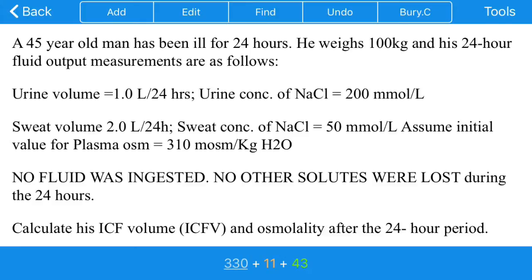Of that, 15 is interstitial, and 5 is going to be his plasma. Originally had 300 milliosmoles. So 5 times 300, you had 1,500, rounding, 1,550 milliosmoles.